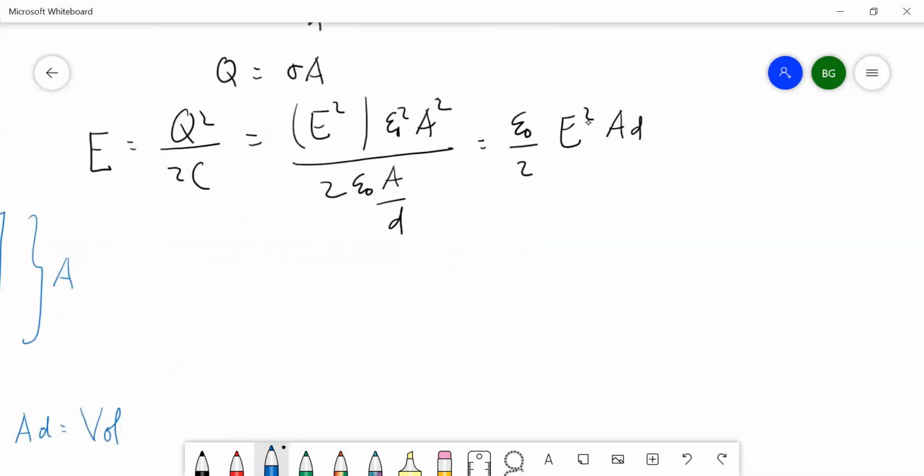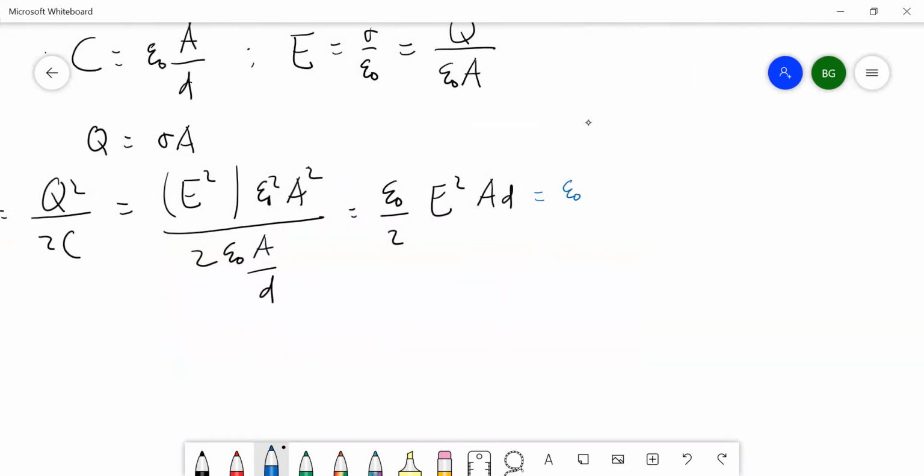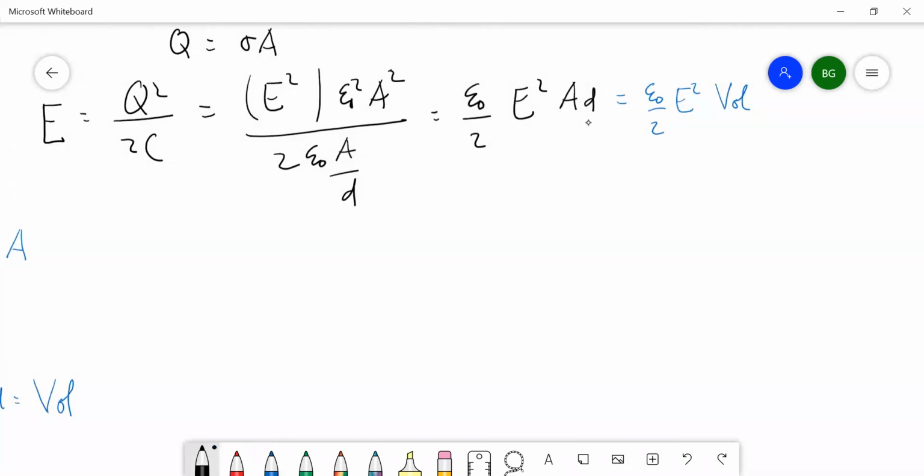So this is epsilon 0 over 2 E squared times the volume of the capacitor. I divide this formula by the volume, so the energy over the volume is defined as the energy density.